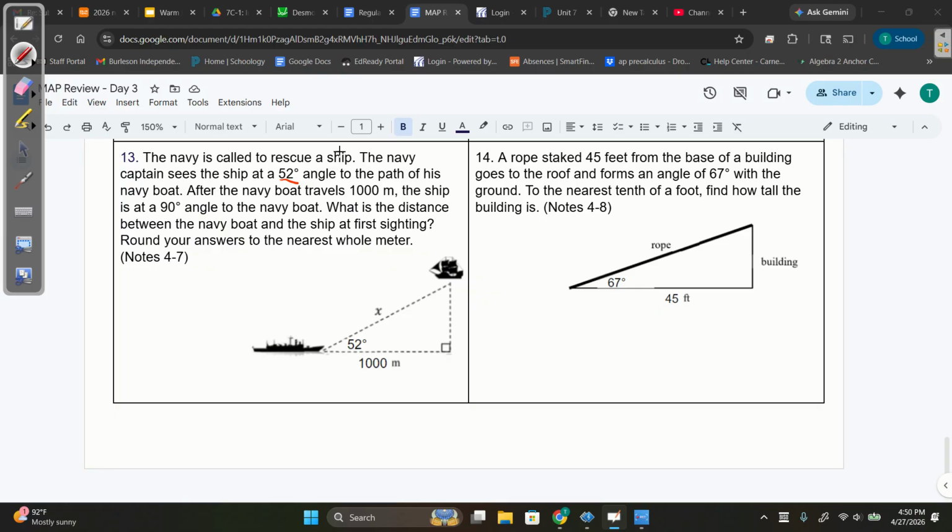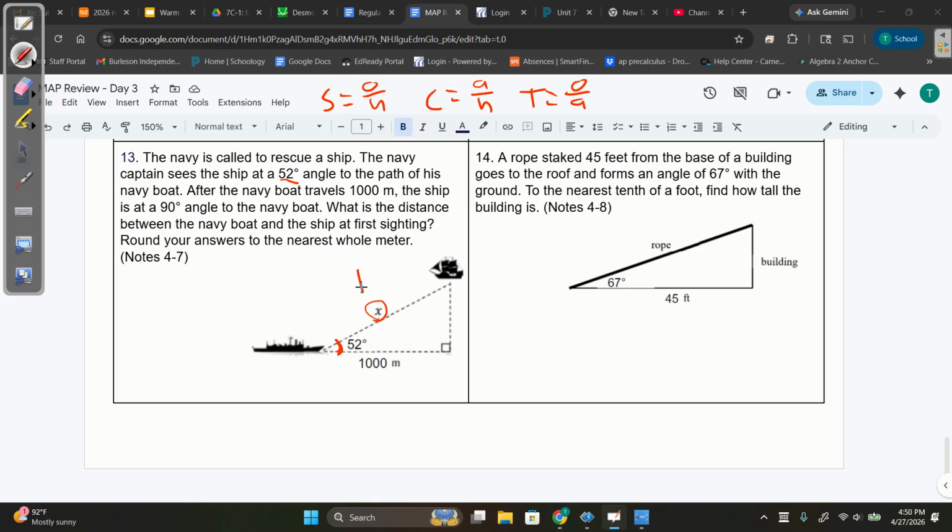Now, I know that's a lot of words. Luckily, it draws a picture for us here. I've got an angle here. I'm trying to find the x, and I know what this is. This is a classic SOHCAHTOA. Let's just label the sides to see if I'm using sine, cosine, or tangent.